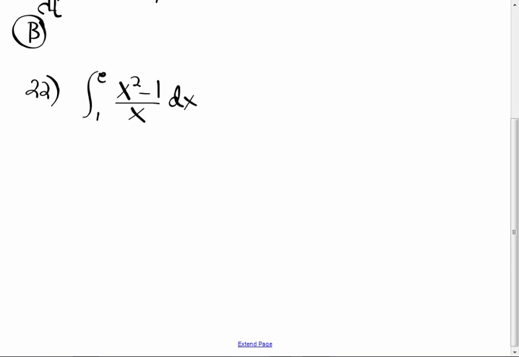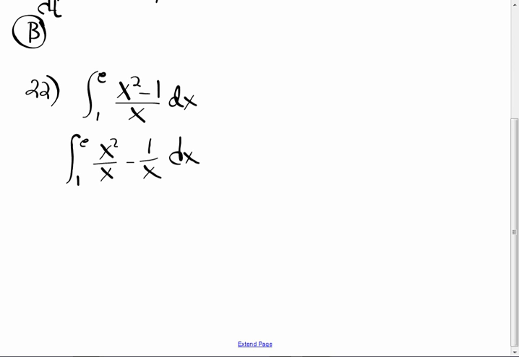Okay, you guys ready for this? What does this bar mean? The bar means divide. So this is the same as this. I can divide both elements in the numerator by x.